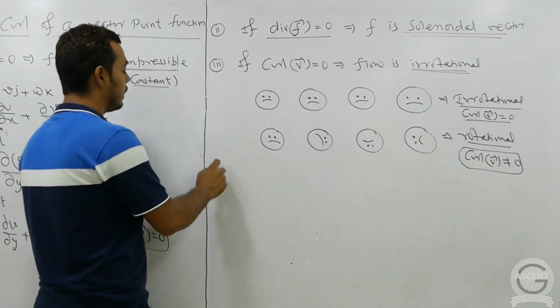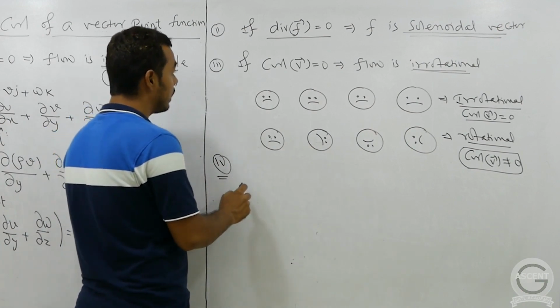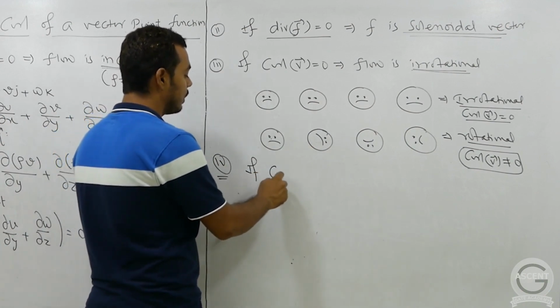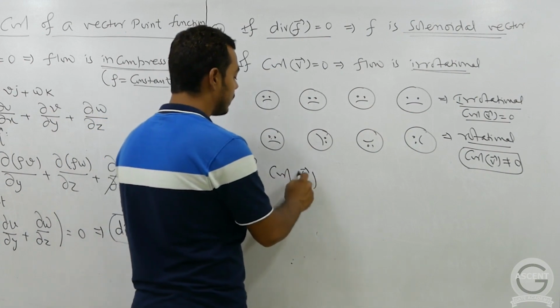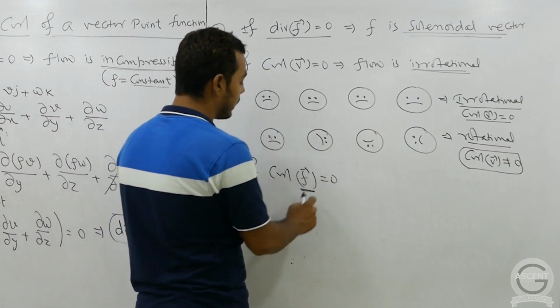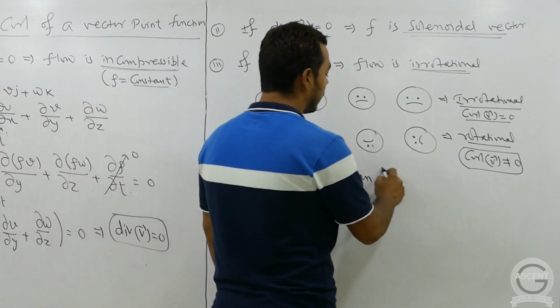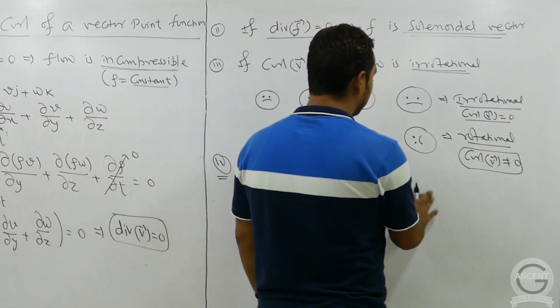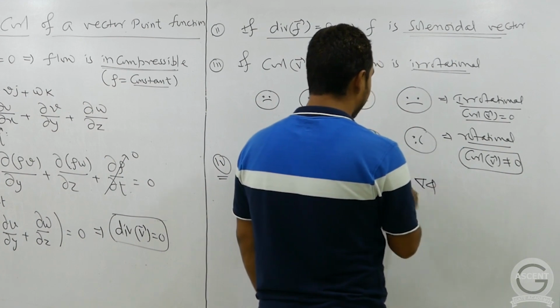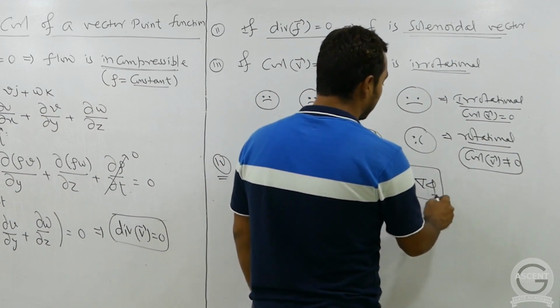And the last point, which is a very important result, is if curl of f is 0, for any vector f, then you can write this f as gradient of phi. Phi is some scalar function.